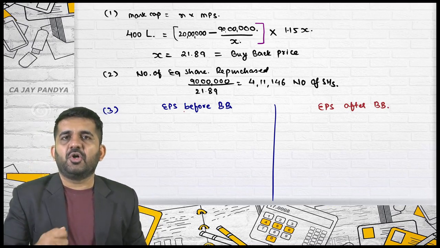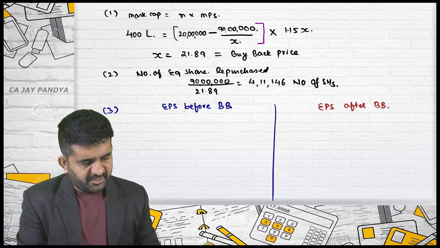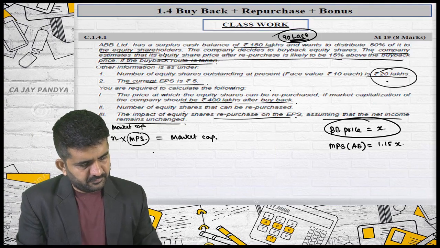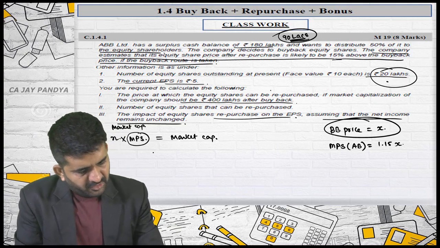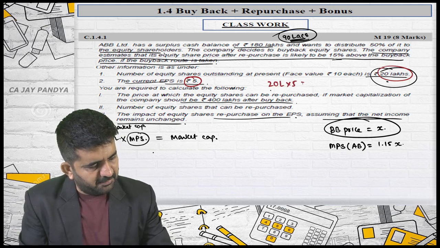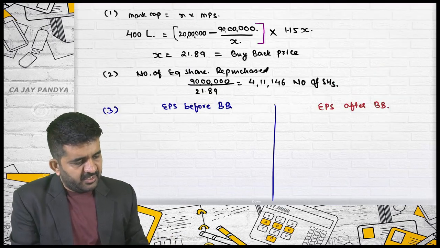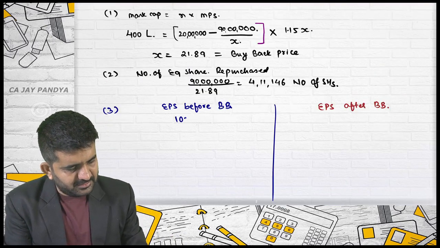EPS is nothing but total earnings divided by number of shares. Total earnings: current EPS is 5, number of shares is 20 lakhs, so 20 lakhs multiplied by 5 is 100 lakhs. So earnings is going to remain 100 lakhs.